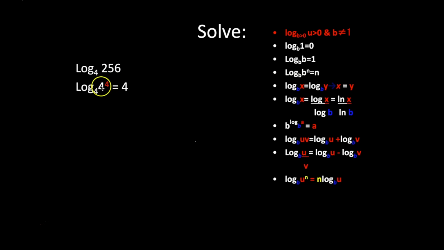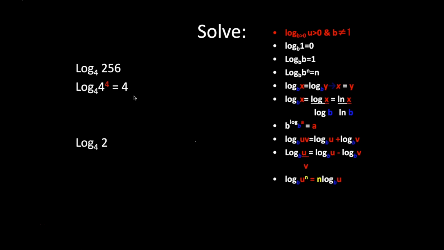Then I could write log base 4 of 4 to the 4th equals 4. Now if I put log base 4 of 256 on my calculator, it'd tell me I can't do it unless I use the base change formula. So you may right now want to pick up a scientific calculator and do log of 256 divided by log of 4. You're going to see it comes out with an answer of 4.